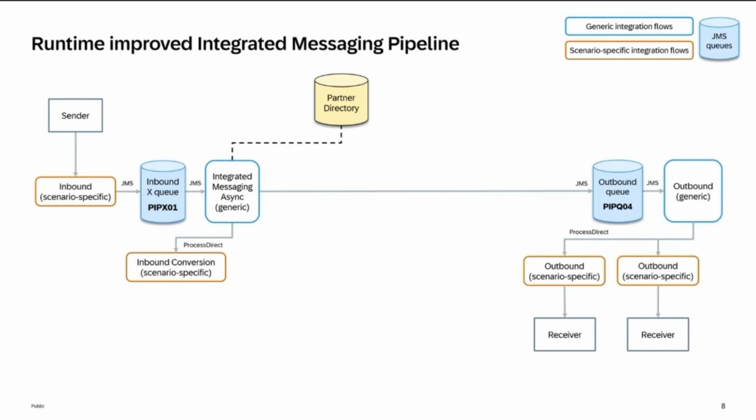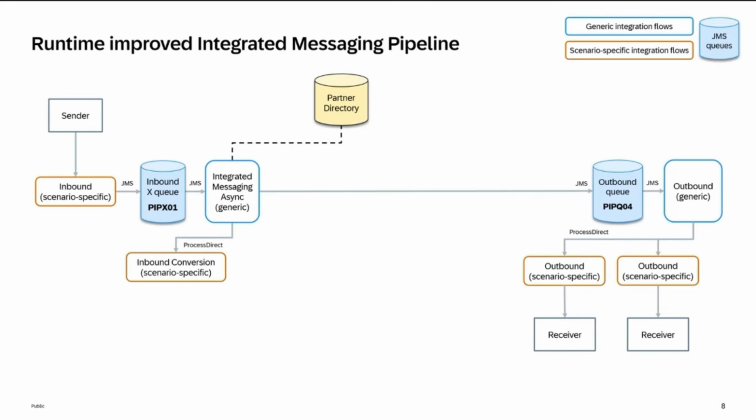So we figured that we could actually improve the overall pipeline in terms of performance by combining the inbound conversion and the receiver and interface determination in one single pipeline step, right? The so-called integrated messaging async. And by doing this, we end up with only 2 queues, right?